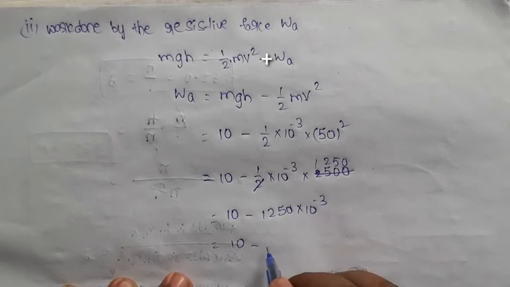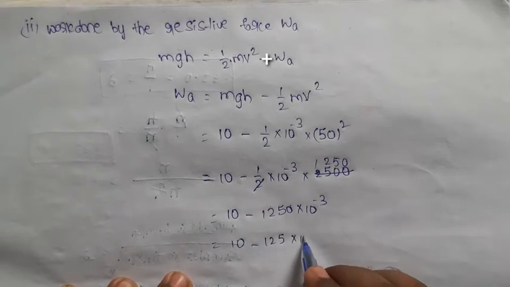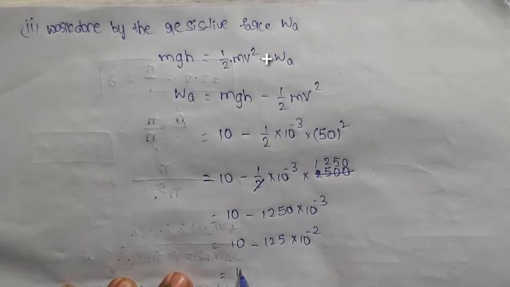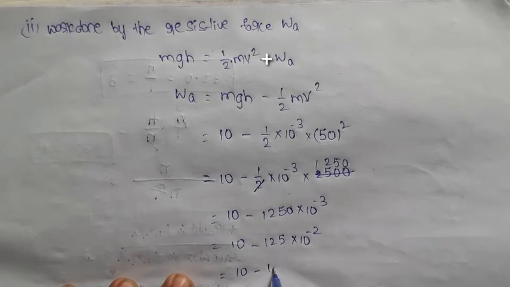So here 10 to the power of minus 2, 125 into 10 to the power of minus 2. 10 minus 10 to the power of minus 2 into 125 can be written as 1.25. So subtract 10 minus 1.25, 8.75 joule.